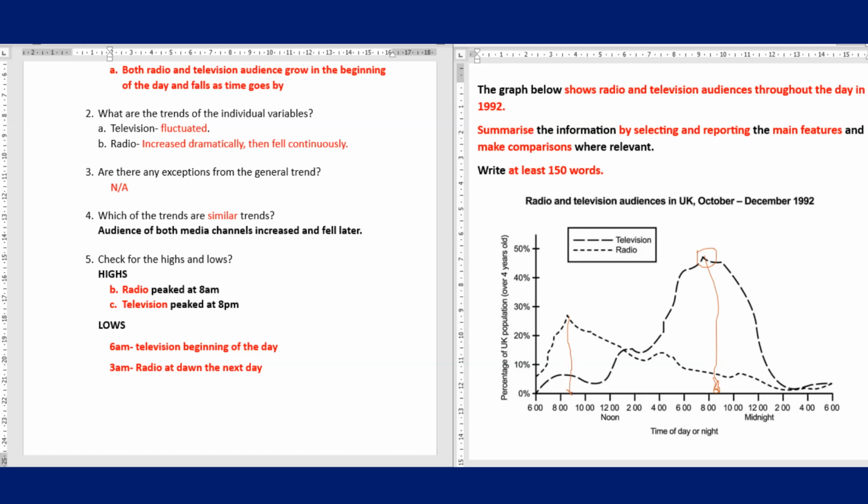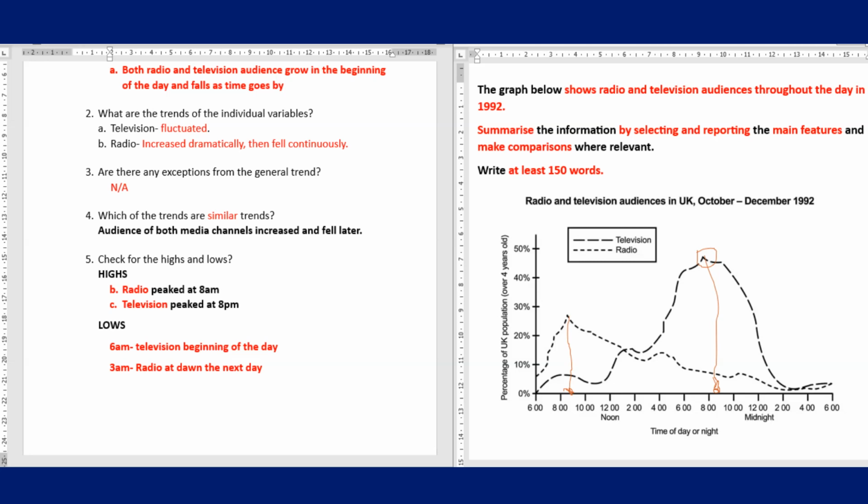All right, and if you take that of the radio, it also goes down here, they're about within 8 to 9, right? So between 8 to 9, 8 to 10, and the television was also between 8 to 10 p.m. A lot of people listen to the radio in the morning and watch television in the evening.